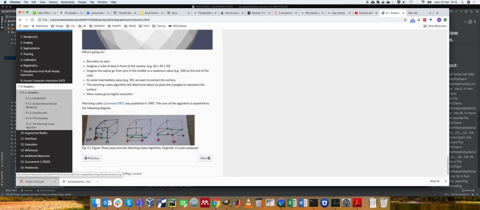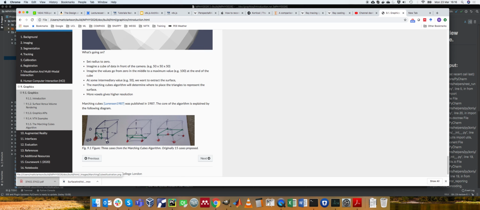In other words, I don't need a triangle. So the marching cubes algorithm is only really interested in when you consider these 8 voxels and one or more of them is above or below, and the remaining are the other side of your threshold.